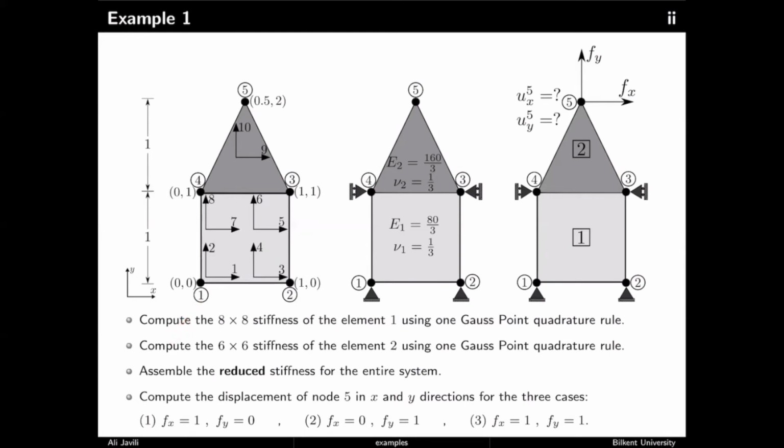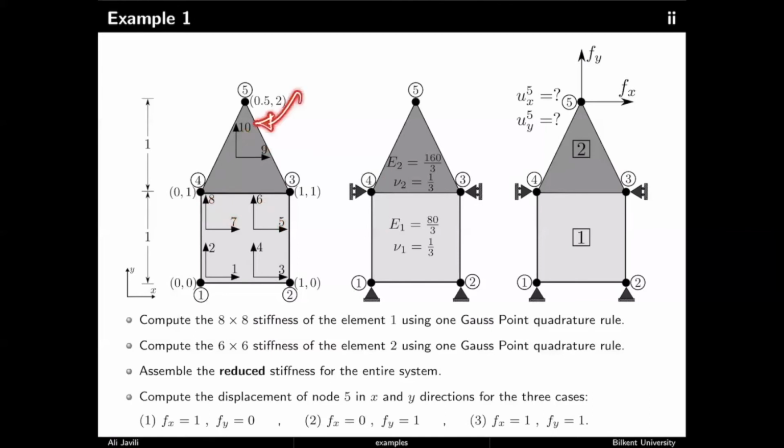But this is what it is. So you have node 1, 2, 3, 4 basically for the square element with the degrees 1, 2, 3, 4, 5, 6, 7, 8. And then for the triangle, the nodes would be 4, 3, 5. The degrees would be 7, 8, 5, 6, 9, 10. Okay, so that would be the order of the 6 degrees for the triangle.